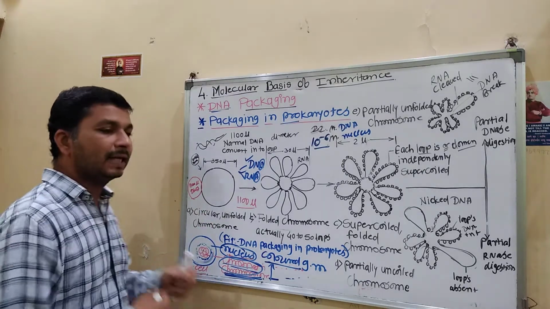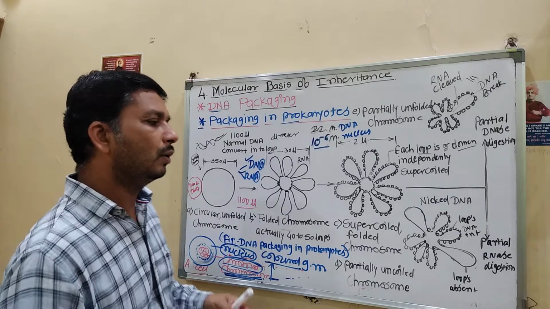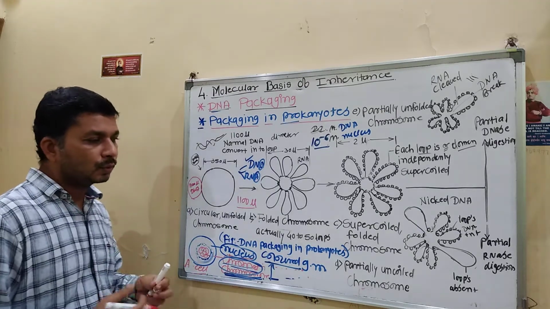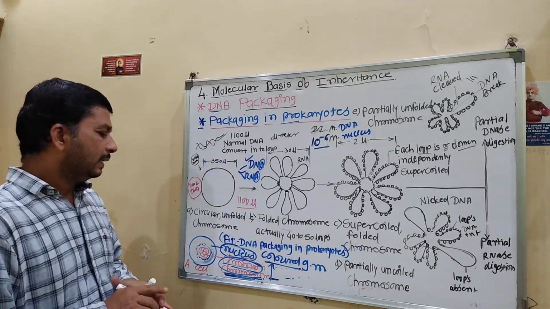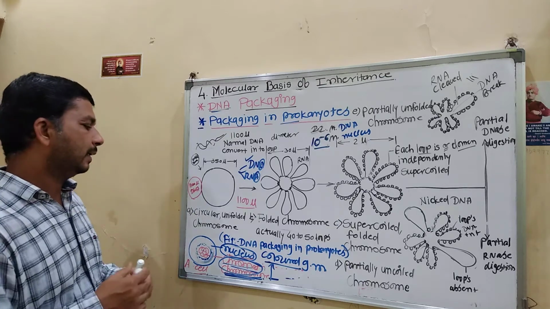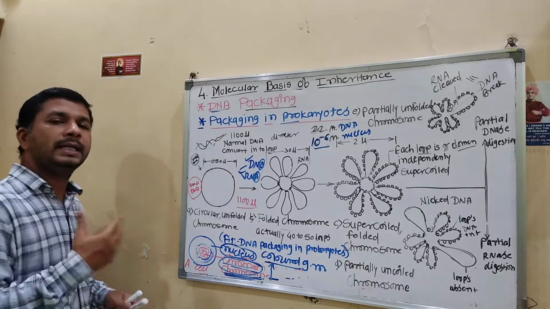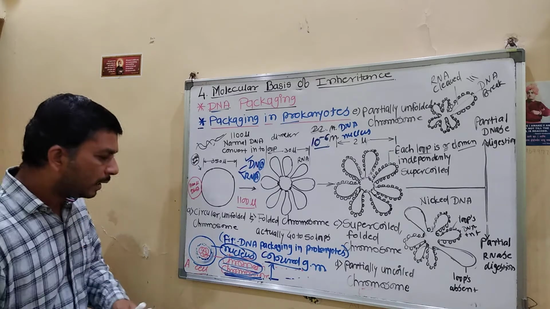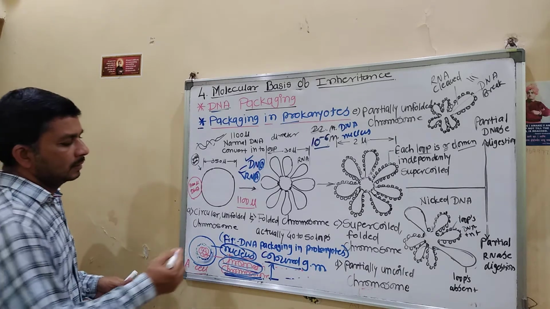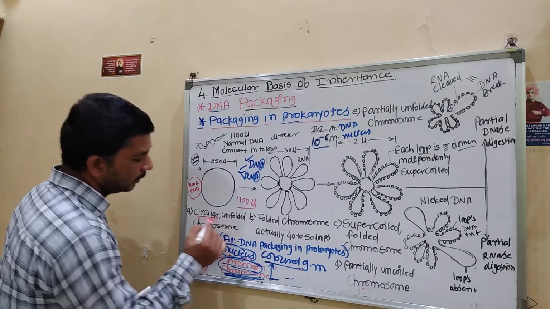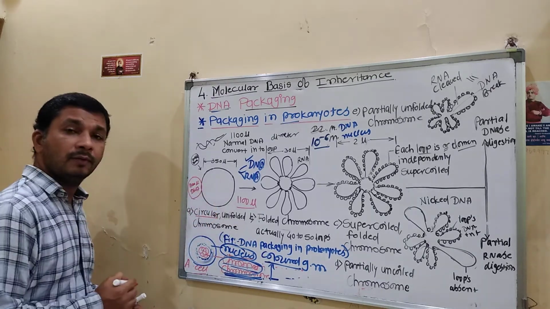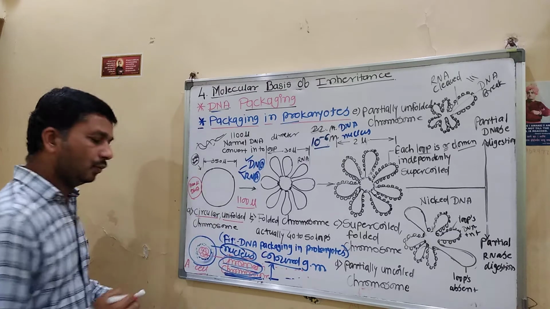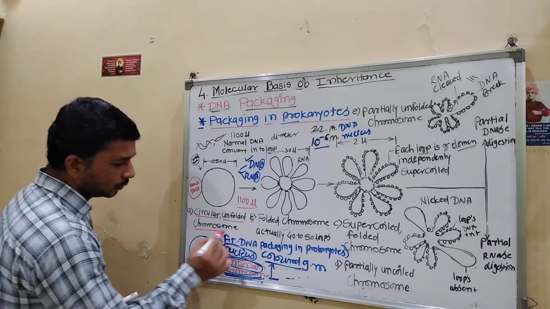To fit inside the nuclear membrane, or to fit inside the nucleoid, that DNA, that chromatin material, is required to convert into that circular form. Here we found the circular unifolded chromosome.